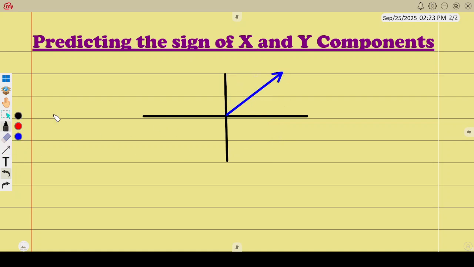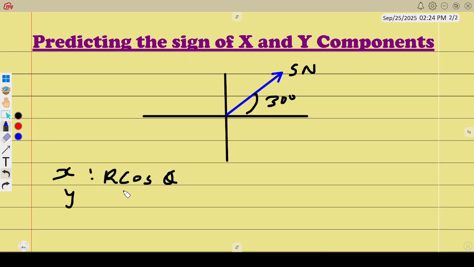So let's say, for example, we have a vector here. Maybe this is 5 newtons and the angle is 30 degrees. If you want to find the x component and the y component, you already know the x component is r cos theta.